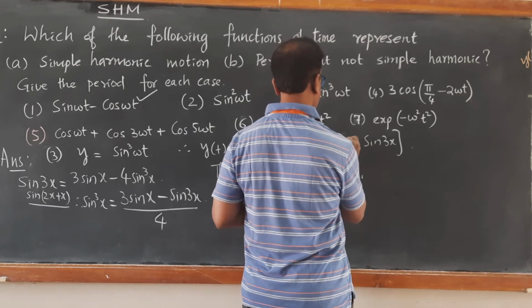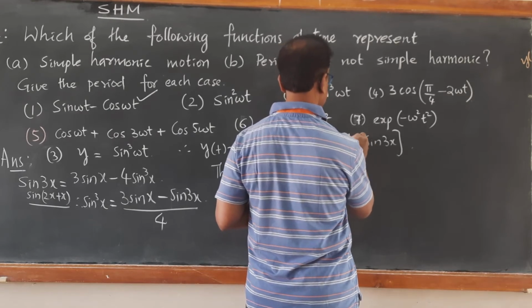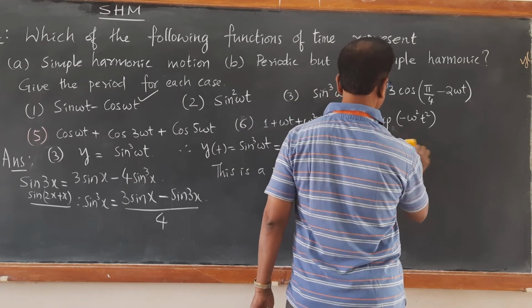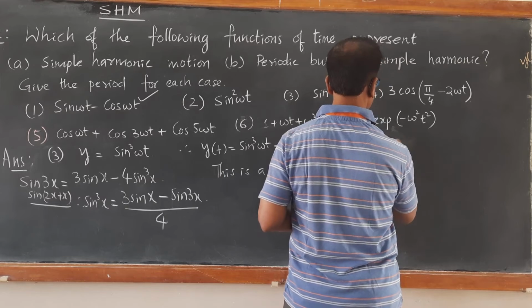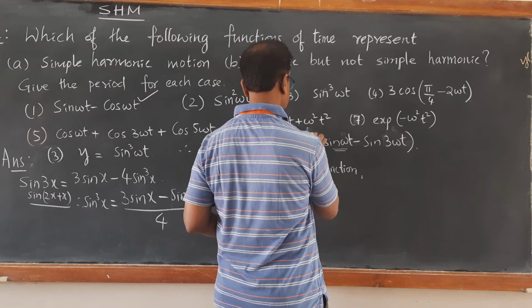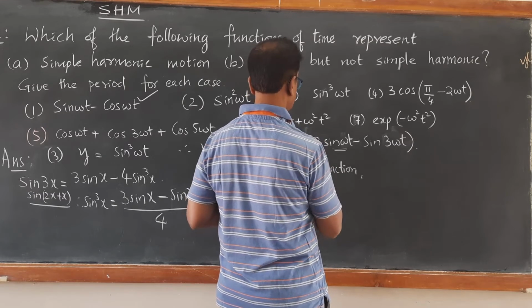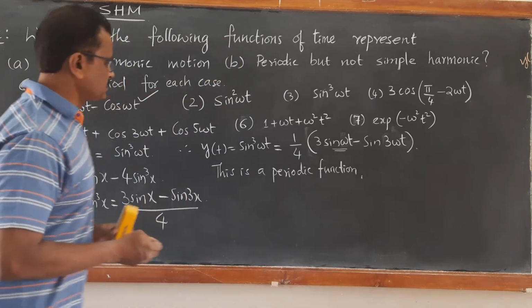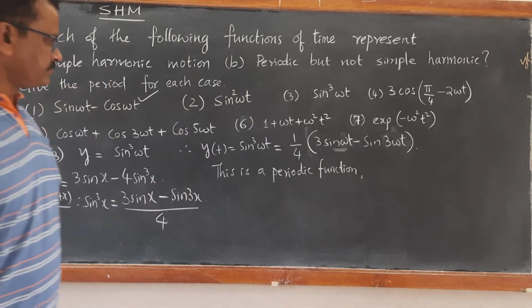So it is 3 sin omega t minus sin 3 omega t. So definitely it is representing a periodic function.